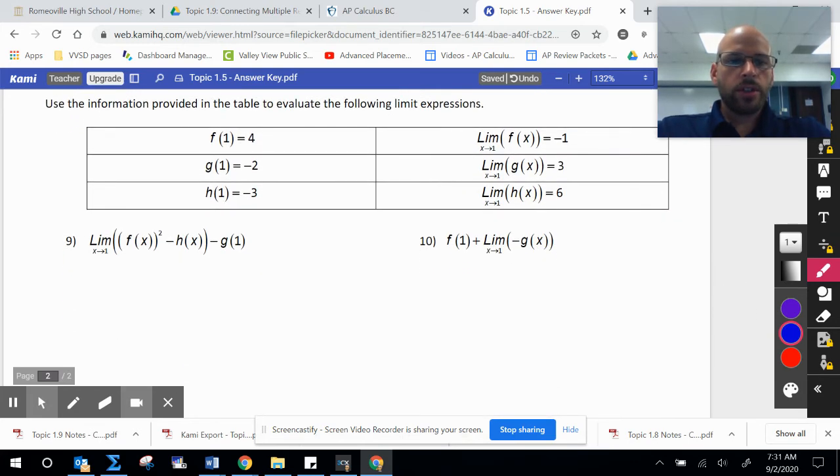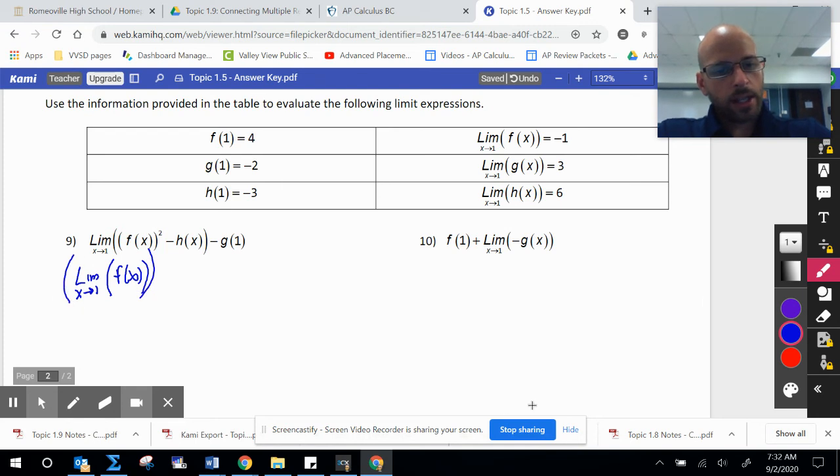Okay. All right, so we're going to use the information to evaluate these limit expressions. So I'm going to say I have the limit as x approaches 1 of f of x, and then we can square that, minus the limit as x approaches 1 of h of x, and then we're just going to subtract g of 1 at the end.